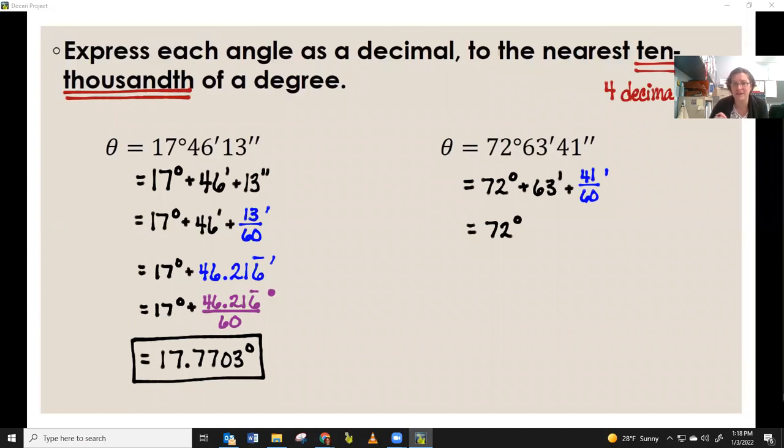Yes, it was 1 bigger because the minutes were over 60. The number of degrees actually increased by 1. Most of the time, we don't have minutes that are going to go bigger than 60, because if you have more than 60 minutes, that would add a whole other degree. Nice observations there. I'm glad you guys picked up on that.